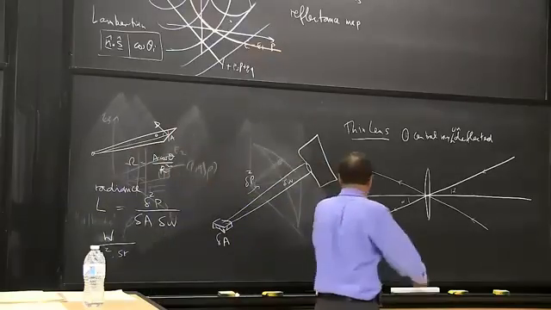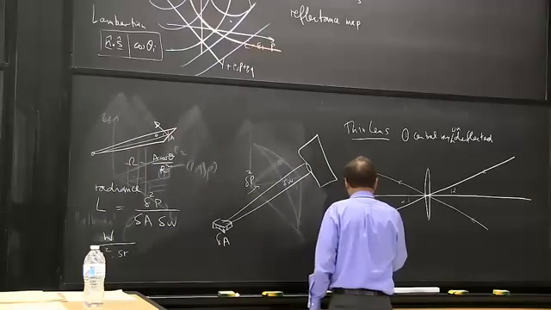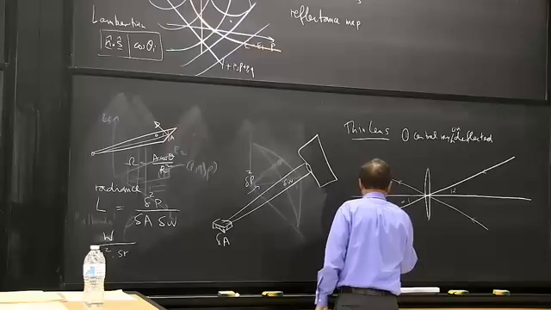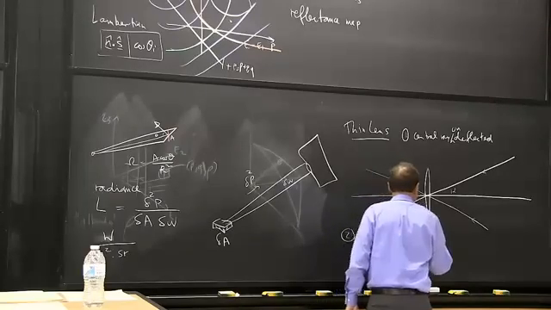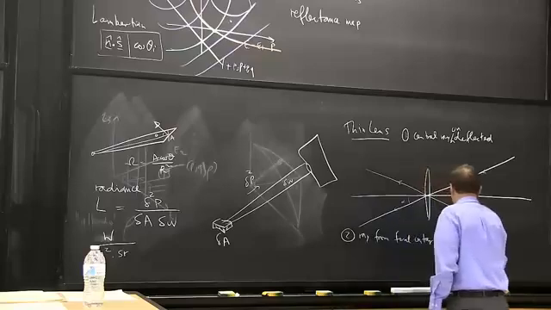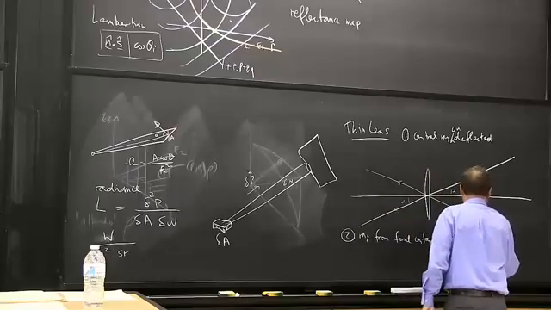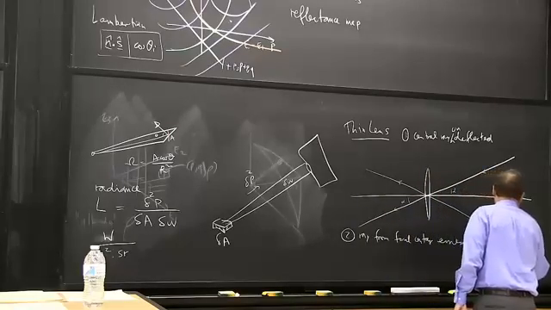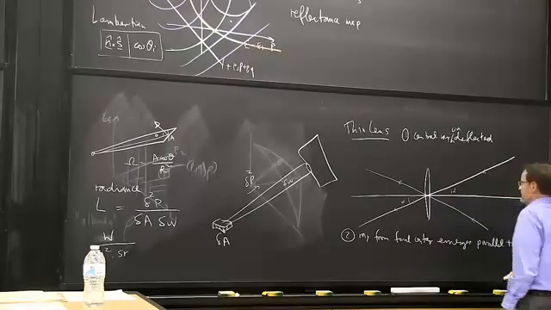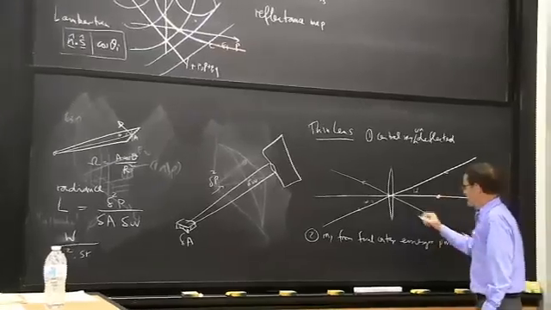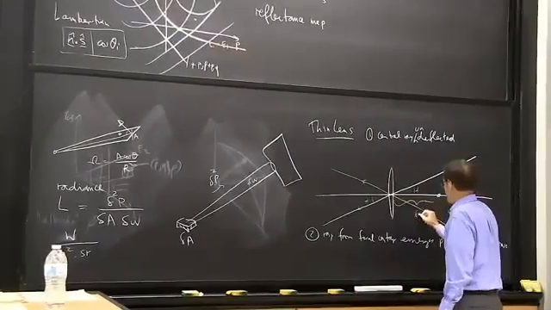Then number 2 is ray from focal center emerges parallel to optical axis. So what is that? Well, lenses have a focal length, and let's call that f0.